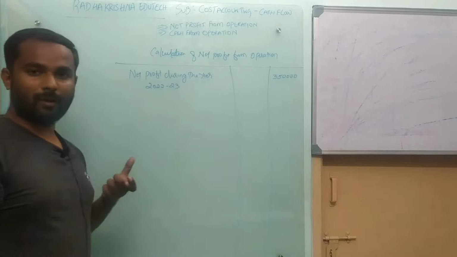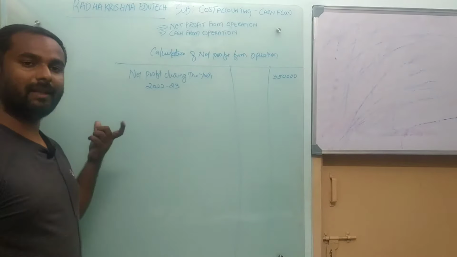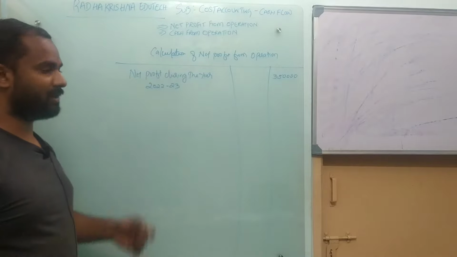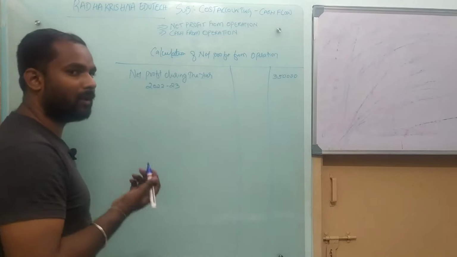But this profit is non-adjusted profit. Meaning to say there are non-cash items as well as non-operation items. What are the non-cash items?